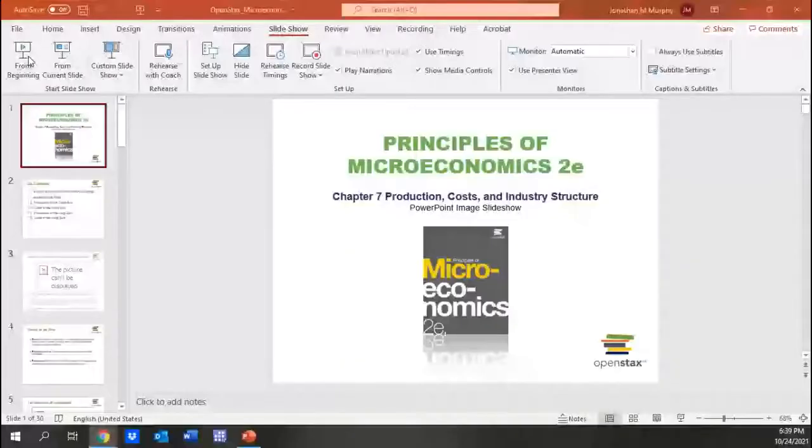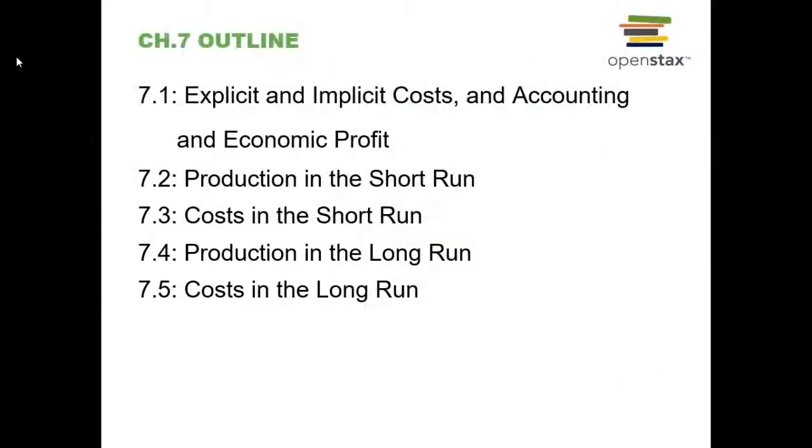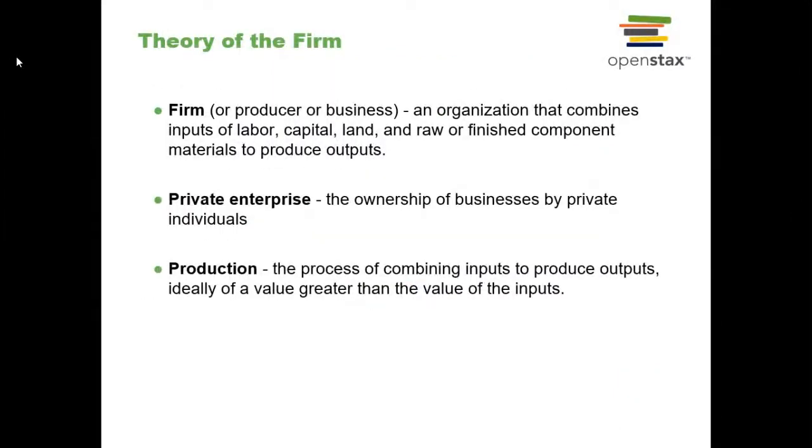And I'm going to remember to share my screen this time. So we're going to define a firm here as an organization that combines labor, capital, land, and other inputs to produce an output.